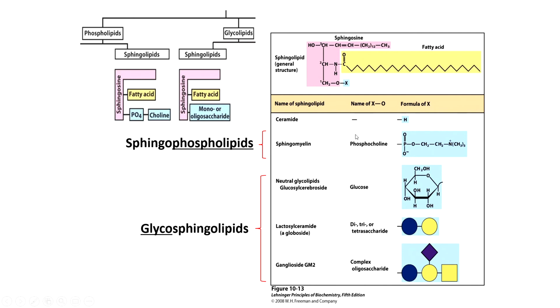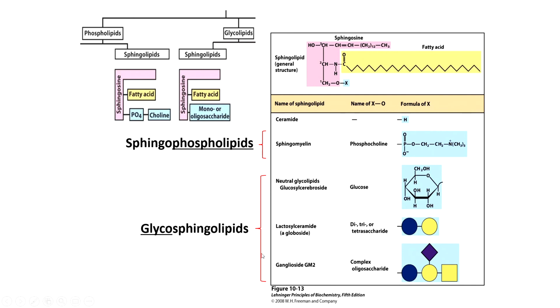This has what's called a phosphocholine head group, which is a phosphate group attached to a choline group, which is a nitrogen attached to methyl groups. Sphingomyelin is a specific type of sphingophospholipid. Again, it has a sphingosine backbone and a phosphate head group. If it's attached to a choline group, we call it a sphingomyelin.